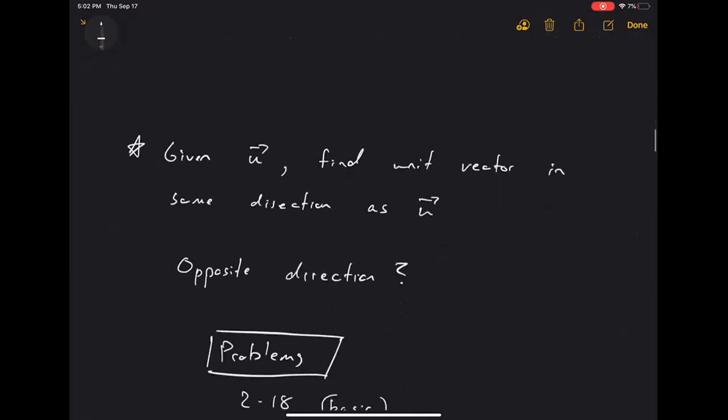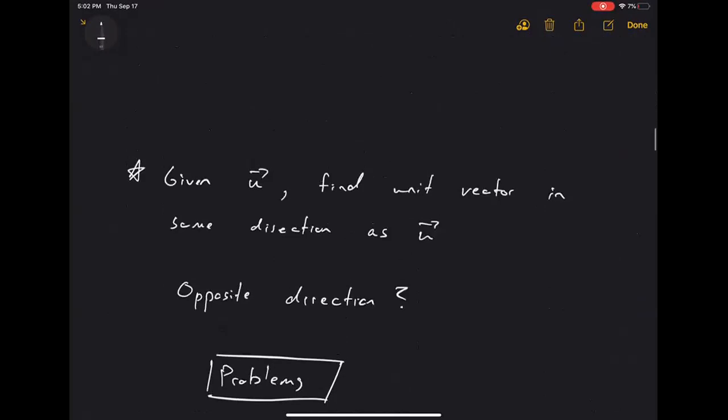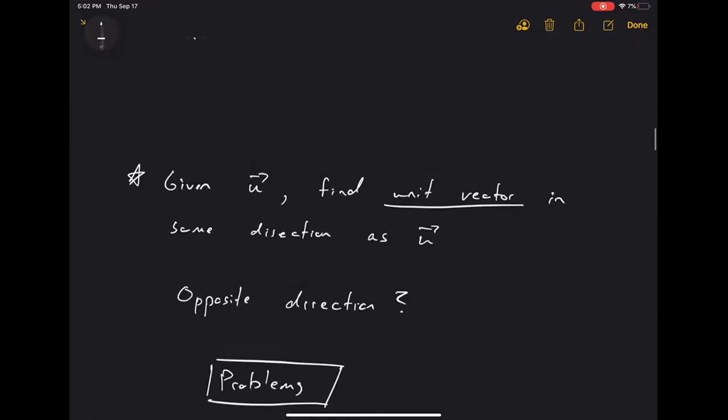So for 12.2, the last thing to talk about is unit vectors. I believe I have a poll about unit vectors.